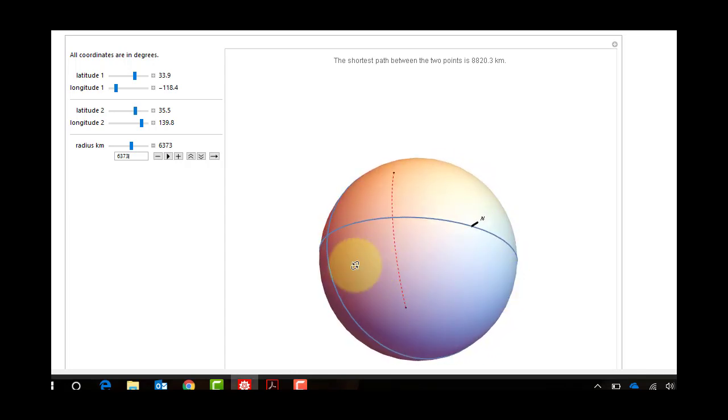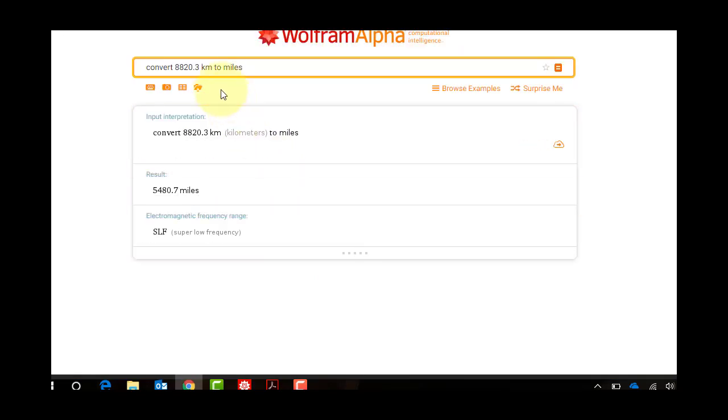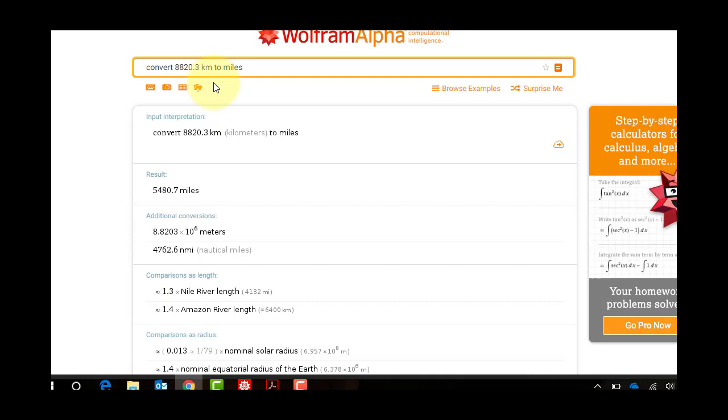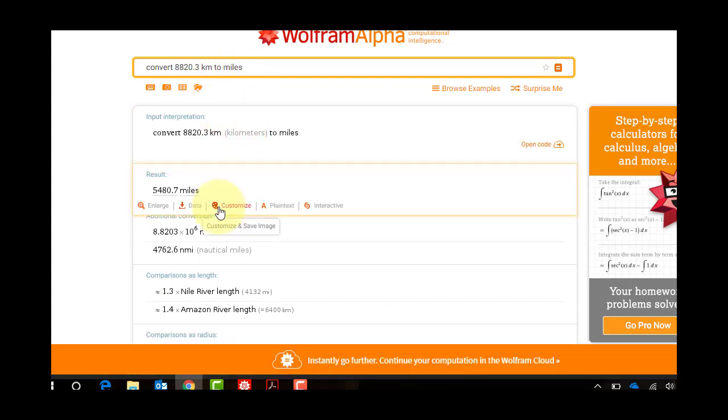It's a straight line on the surface of the Earth. It tells me the distance is 8820.3, but that's in kilometers. Converting that 8820.3 kilometers into miles, I get roughly the 5,480 that I was expecting.